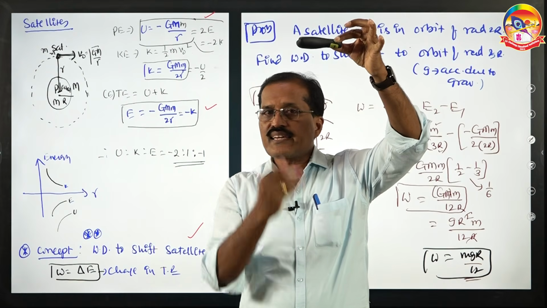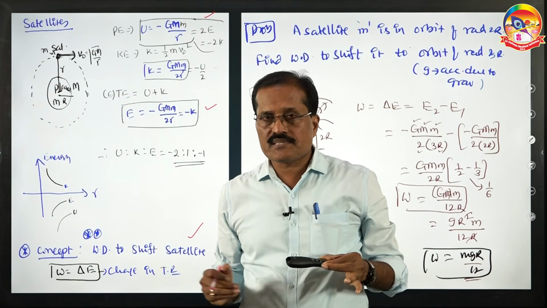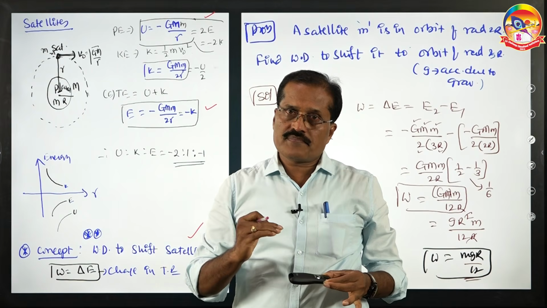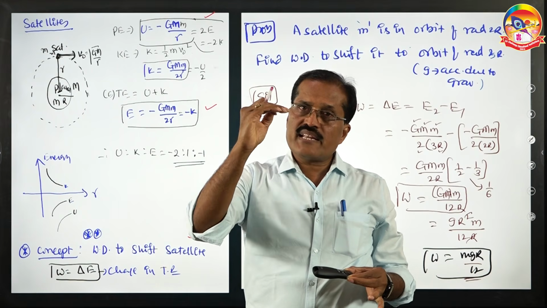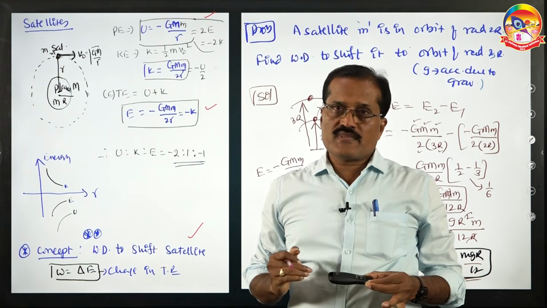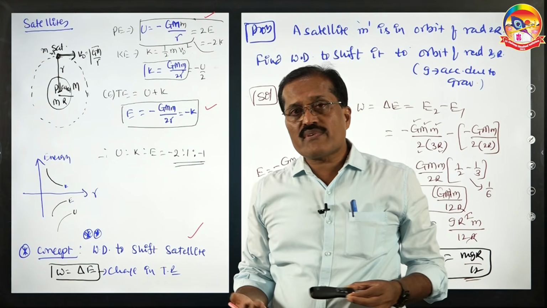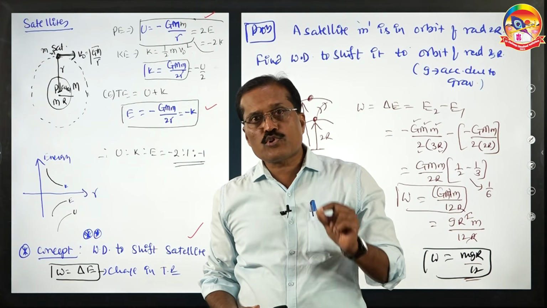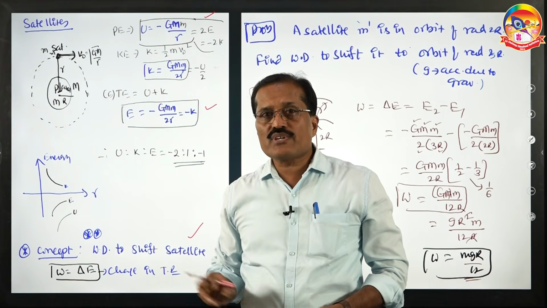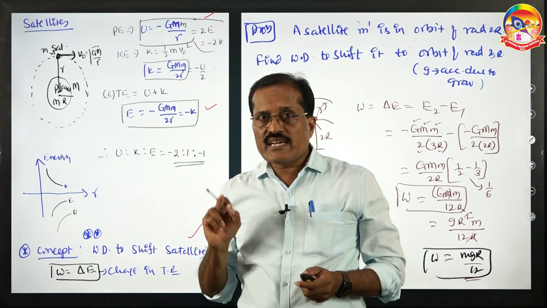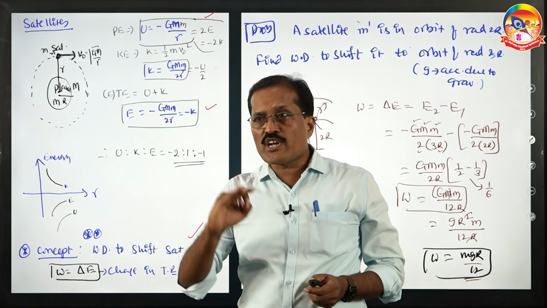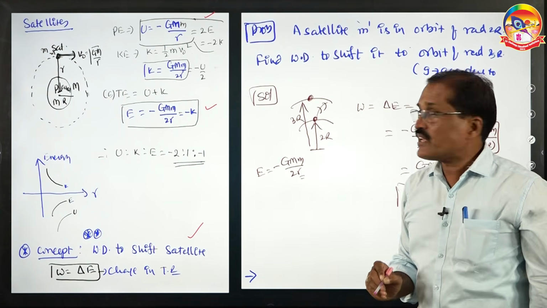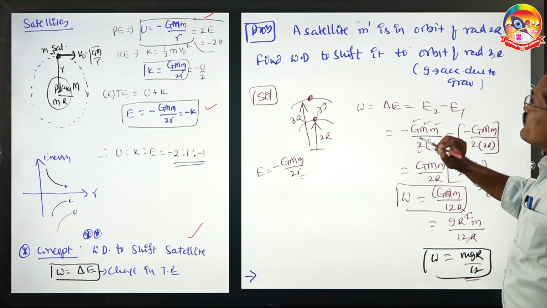Here there is no change in kinetic energy, only change in potential energy, so we take that. But if a satellite already in orbit is to be shifted to another orbit of another radius, naturally, since it is a satellite, it has both potential energy and kinetic energy, therefore we need to take the total energy into consideration. The amount of work done to shift the satellite from one orbit to another is equal to the change in total energy.